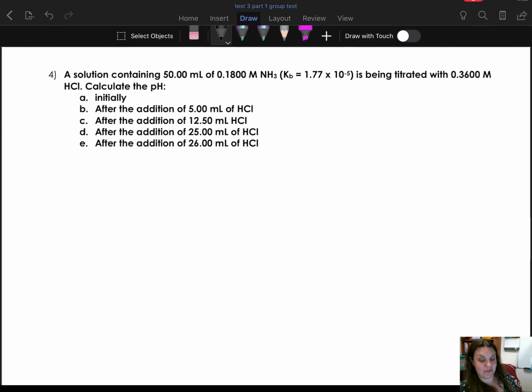Okay. Next problem, our titration. So here, I want you to give me the pH initially, after the addition of 5 milliliters of hydrochloric acid, after the addition of 12.5 milliliters of hydrochloric acid, after the addition of 25 milliliters of hydrochloric acid, and after the addition of 26 milliliters of hydrochloric acid. First step, figure out how many moles of your titrant you have.